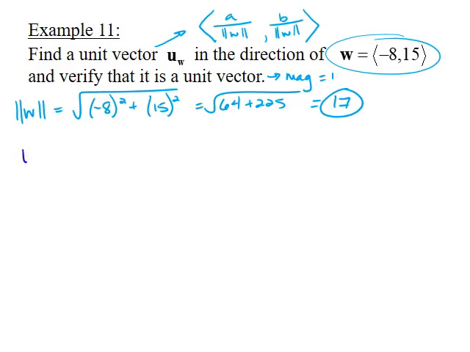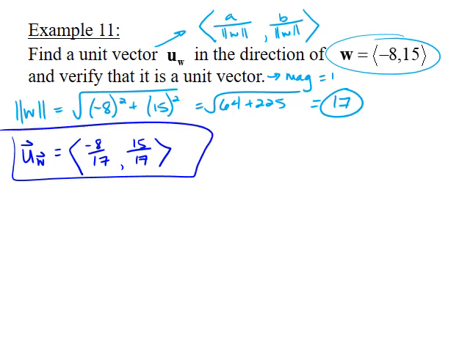So the unit vector W is equal to A over 17, which is negative 8 over 17, and B over 17, which is this.